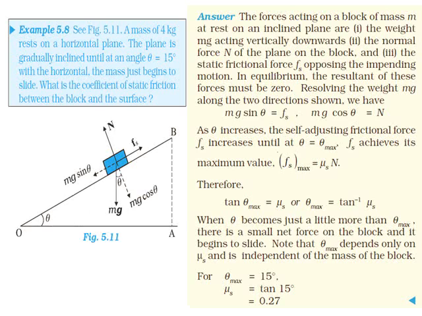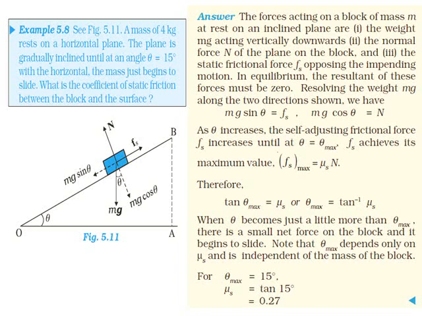Now, a numerical. A mass of 4 kg rests on a horizontal plane. The plane is gradually inclined until at an angle of 15 degrees with the horizontal, the mass just begins to slide. What is the coefficient of static friction between the block and the surface?